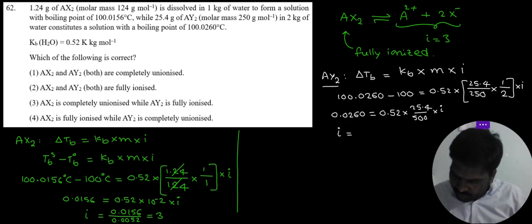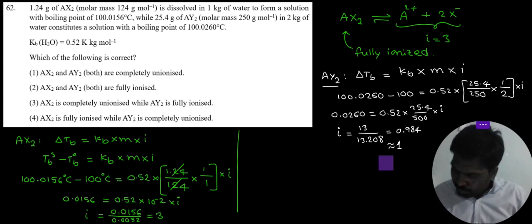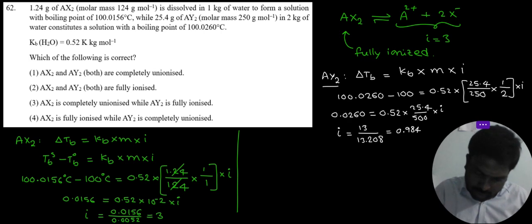So the Van't Hoff factor i, if you simplify, you will get 0.0260 by 0.0264, that is 0.984, approximately 1. Clear? The i value is approximately 1.